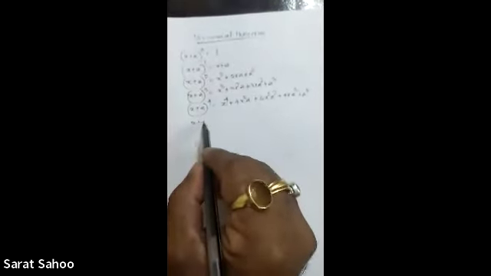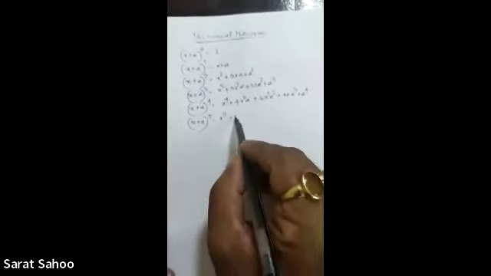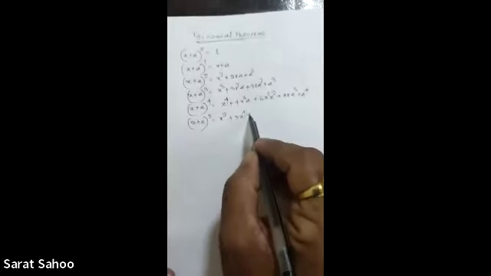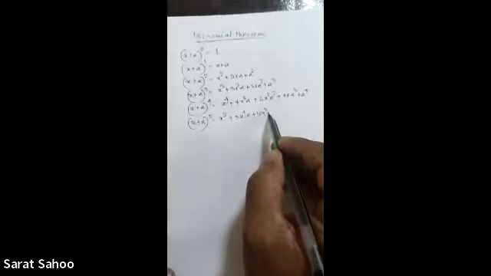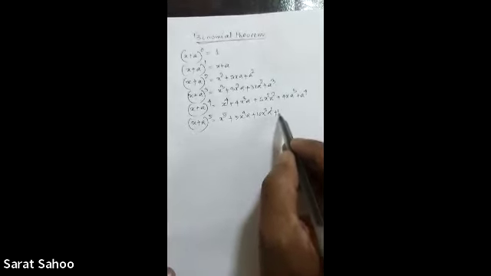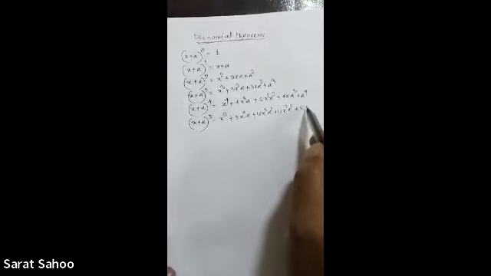Then (x plus a) raised to the power 5 is x to the power 5 plus 5x to the power 4 a plus 10x cube a square plus 10x square a cube plus 5x a to the power 4 plus a to the power 5.